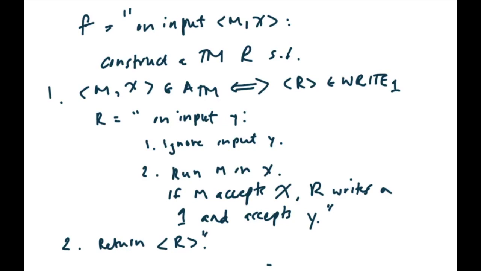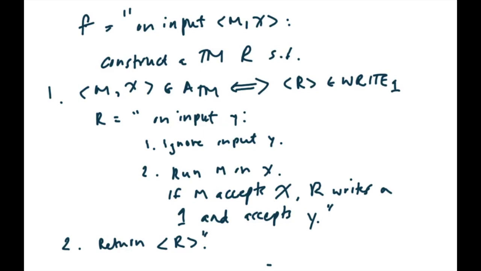So R is going to take in input Y, and it's just going to ignore that input completely, and just run M on X. And if M accepts X, then R would write a 1 and accept Y. It only does this if M accepts X. If M rejects X, then it doesn't write anything to the tape. The second step of the algorithm would be to just return that machine that we just created.